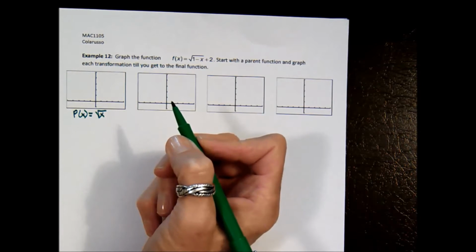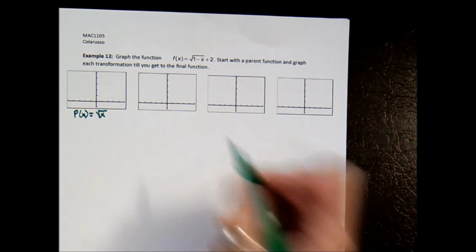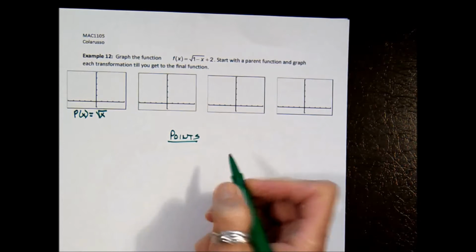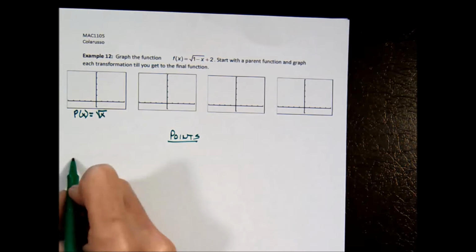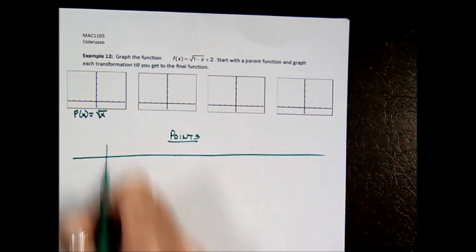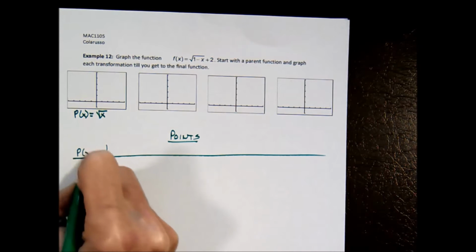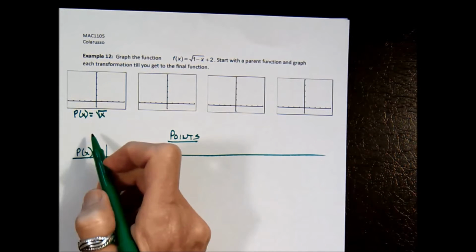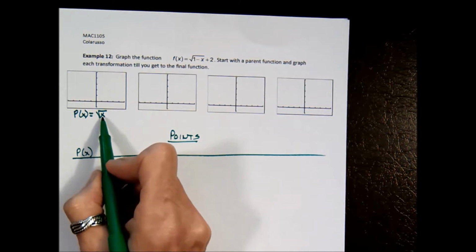So I'm going to make a chart down here that shows points. I'm first going to have p of x. If I plug in numbers for x and then take the square root, what points do I have?